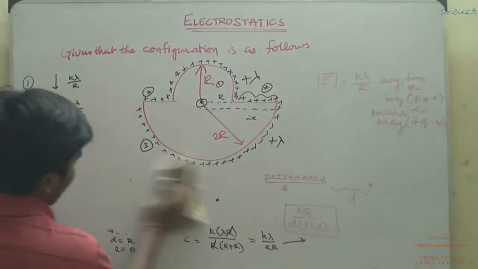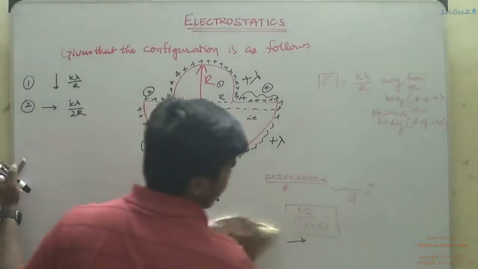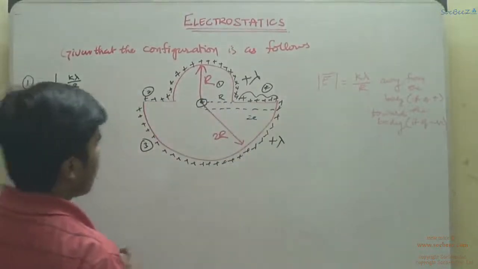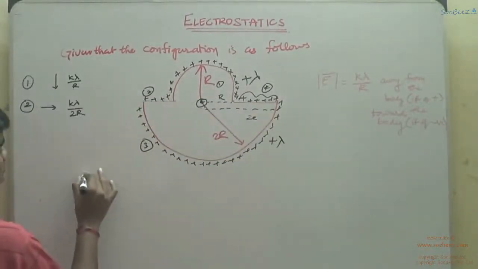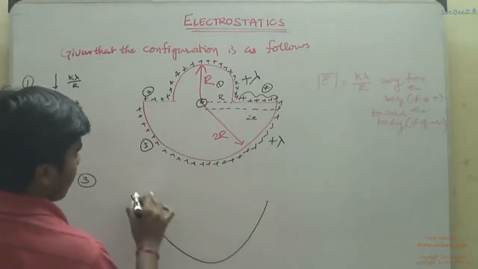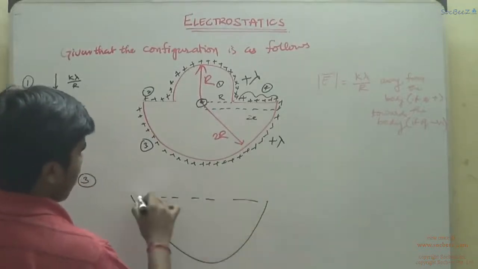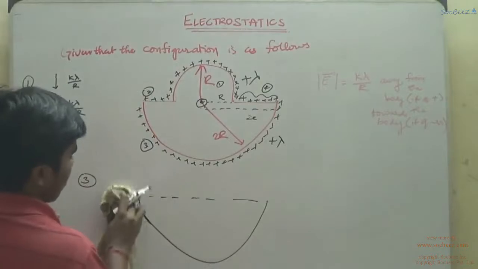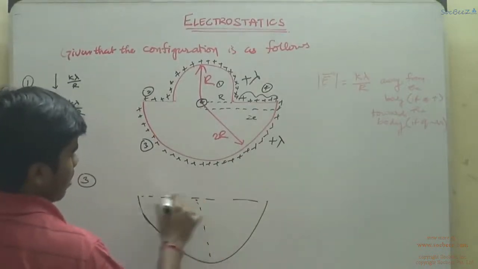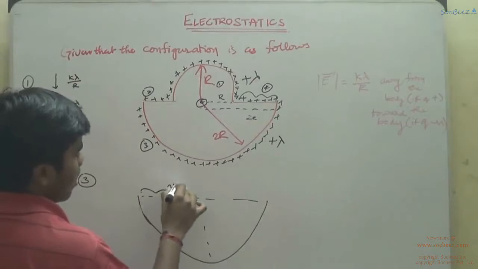Now let us find out the field due to the third part. The third part was a semicircle. Pardon me, I'm not that good at drawing.